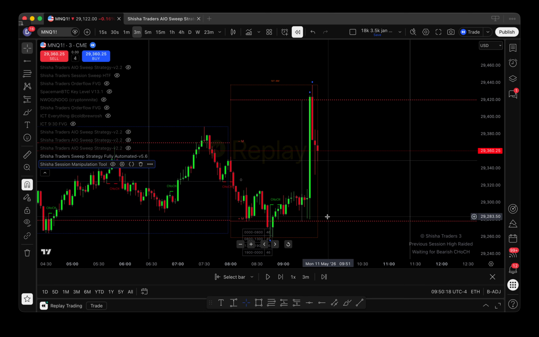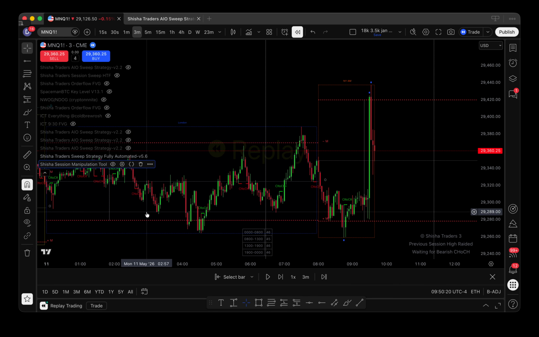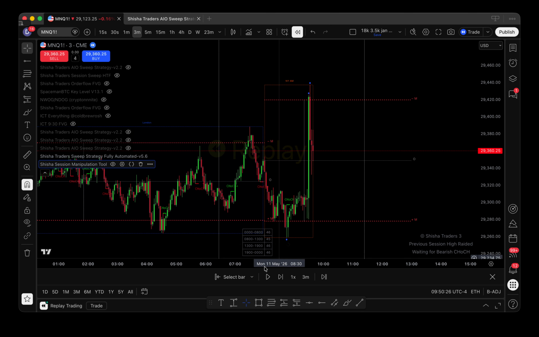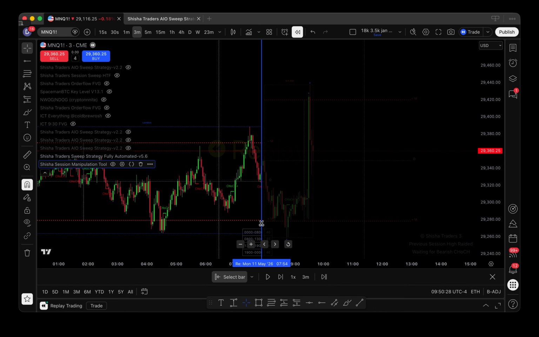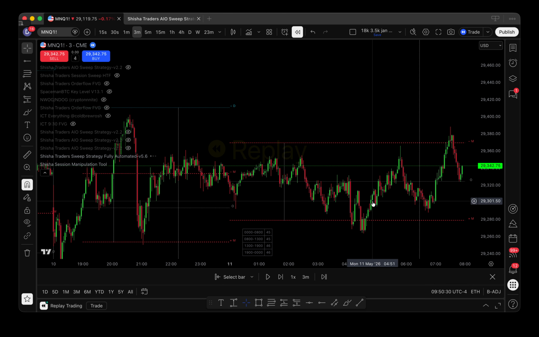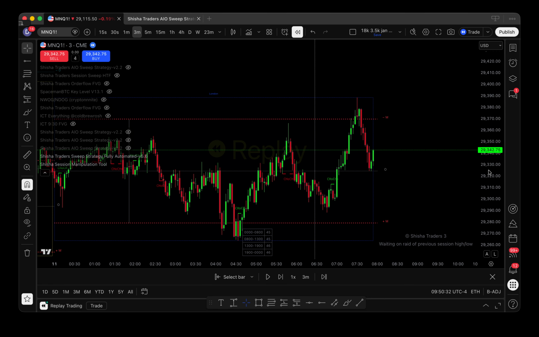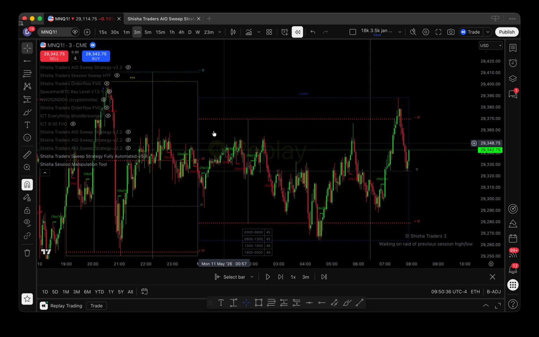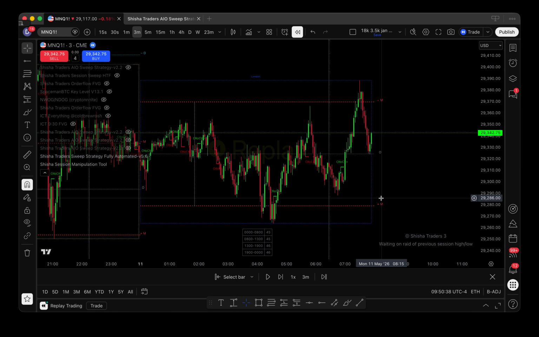That's our sweep strategy. We just plotted it like this. So now you see that this makes a lot of changes. This is why our sweep strategy is stronger than other people using sweep sessions and sweeps, because our time is different than the norms.